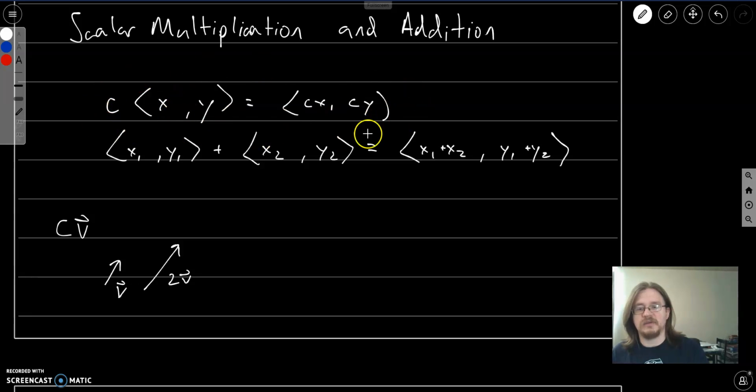When we talk about this in terms of coordinates, scalar multiplication and addition as well, so when we add vectors v and w, we draw our parallelogram, where that's just going to be another copy of w, that's going to be another copy of v.